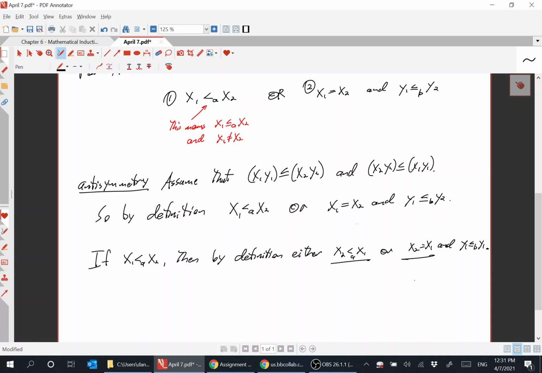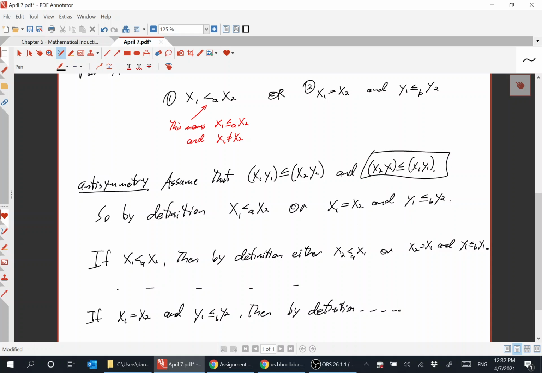And then the second case, if x1 equals x2 and y1 less than or equal to y2 in B, then by definition, what does that mean? One of the situations will be impossible, the other situation works out and gives you what you want.